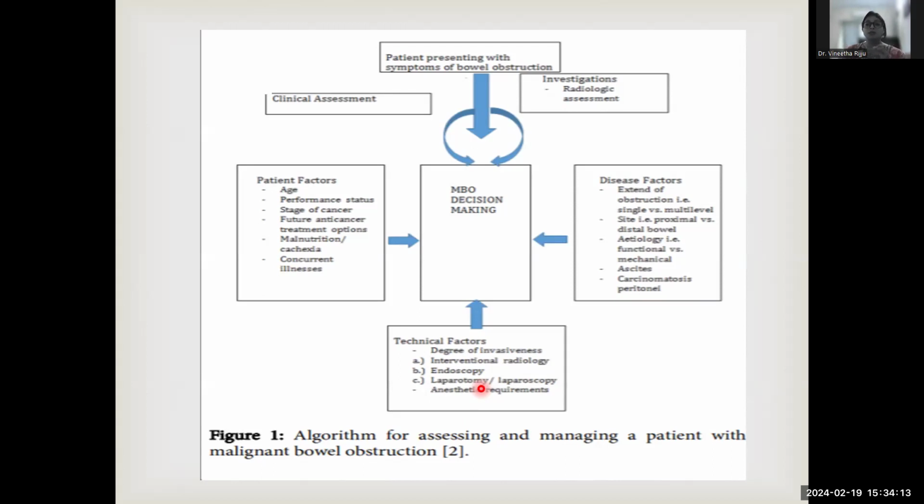Or sometimes you must have seen a colostomy is put out. The tumor area, the obstruction mass is cut out, resected, and then the proximal area is brought out of the abdomen and attached to a bag, right?